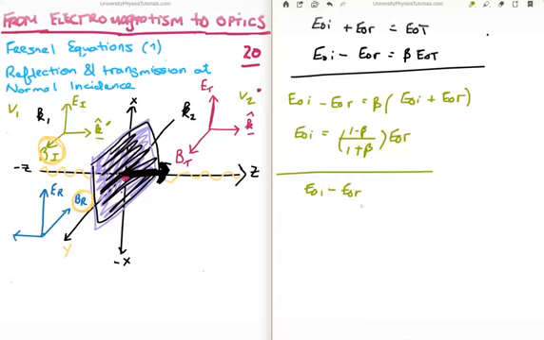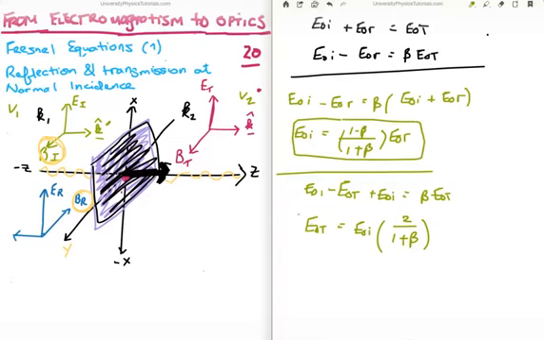Also we find that E0I minus E0R, so that's a typo, E0I minus E0T plus E0I is equal to beta E0T. And this can be rearranged so that E0T is equal to 2 over 1 plus beta times E0I. And these are our reflection and transmission coefficients. So we have these two.